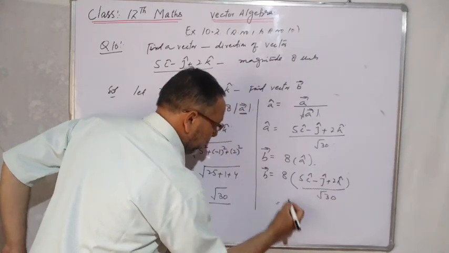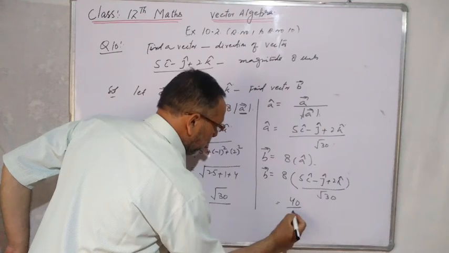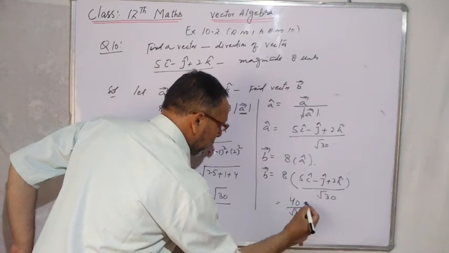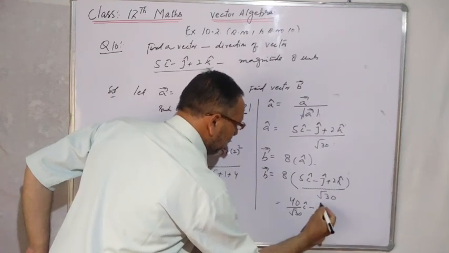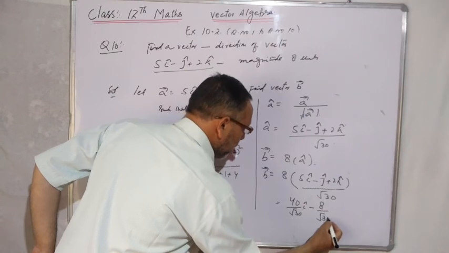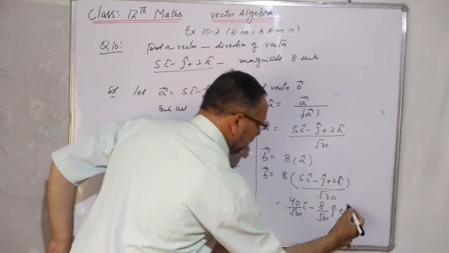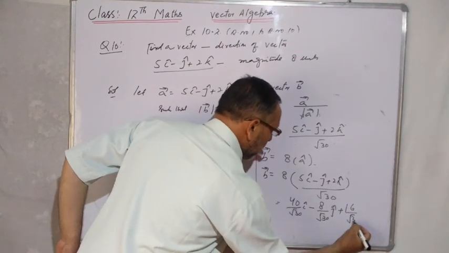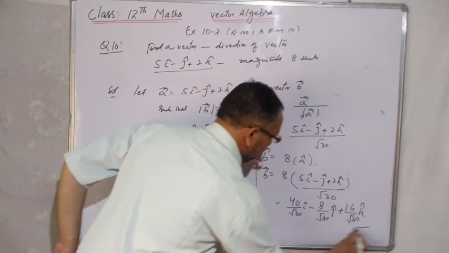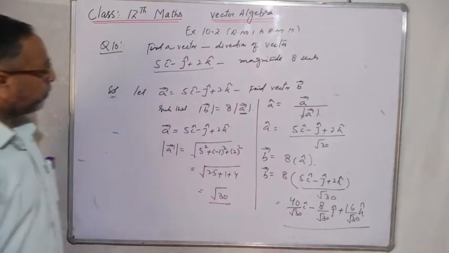So it will be 8 fives are 40 over root 30 i cap minus 8 ones are 8 over root 30 j cap plus 8 twos are 16 over root 30 k cap. This is the vector B.